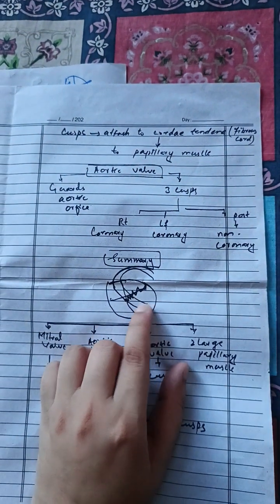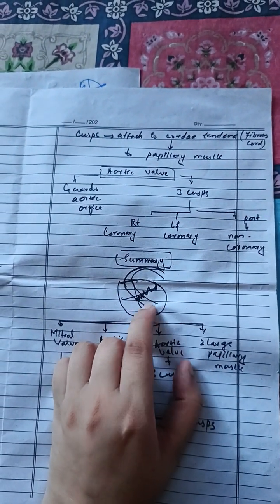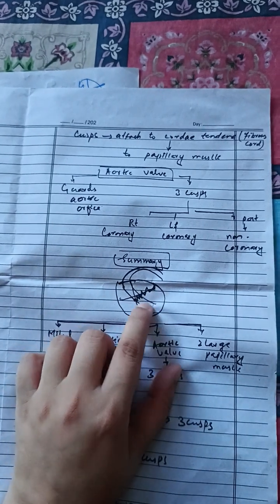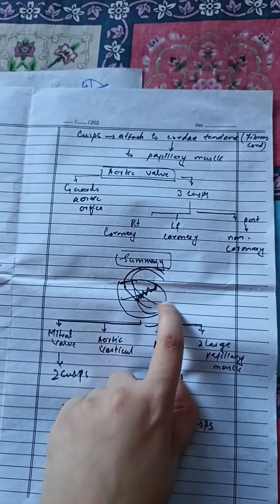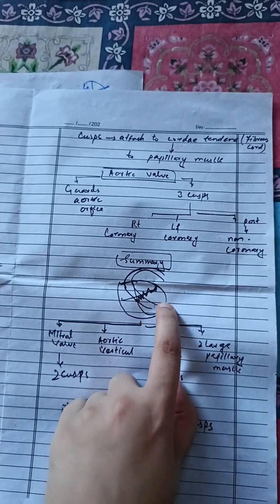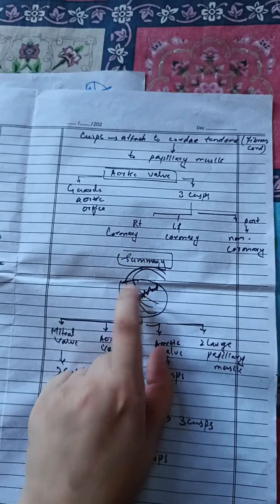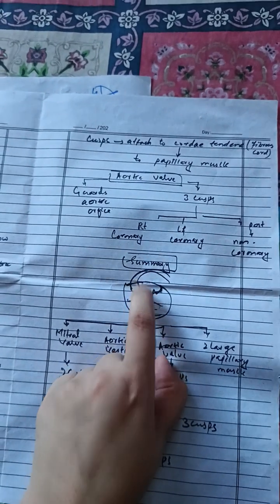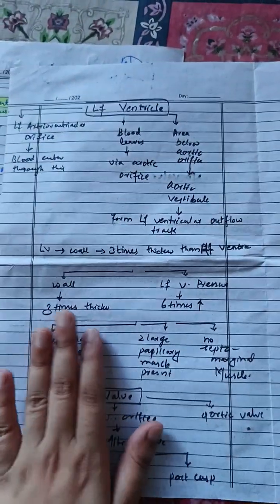Before the orifice there is a narrow funnel-shaped area, which is called the aortic vestibule. It forms the outflow tract from the ventricle. From the left ventricle, the blood enters through the aortic vestibule, then passes through this aortic orifice, this aortic opening, into the main aorta, and this aortic opening is guarded by the aortic valve.